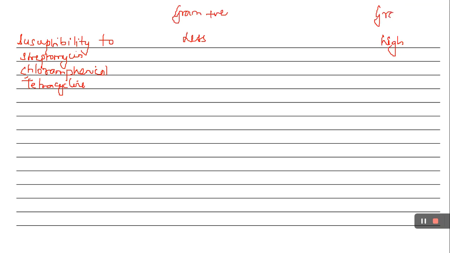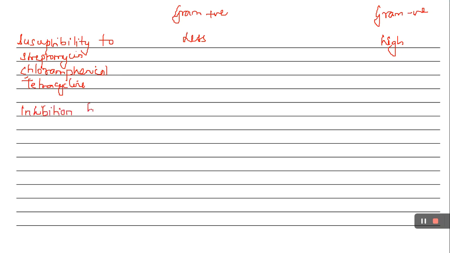So with penicillin and sulfonamide, the gram positive bacteria are susceptible, but with streptomycin, chloramphenicol and tetracycline, the gram negative bacteria are susceptible. Okay, next, inhibition by basic dyes.